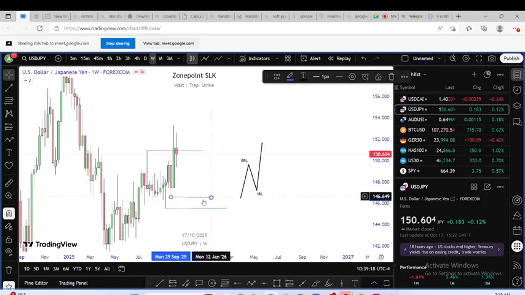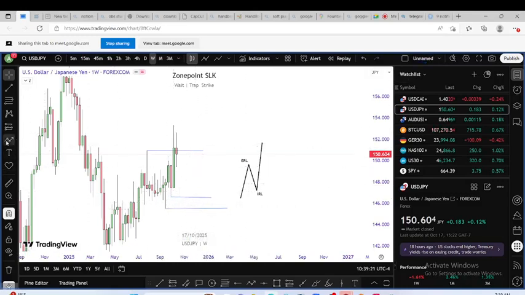But the real truth is markets will not just come all the way down like this to take this out. It's not possible. Markets will do some retracement, some expansion on a lower time frame before it gets to this place.